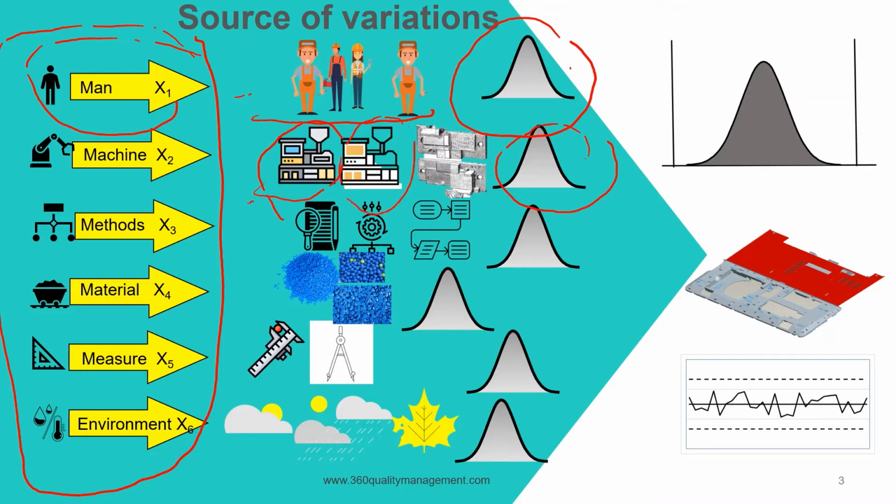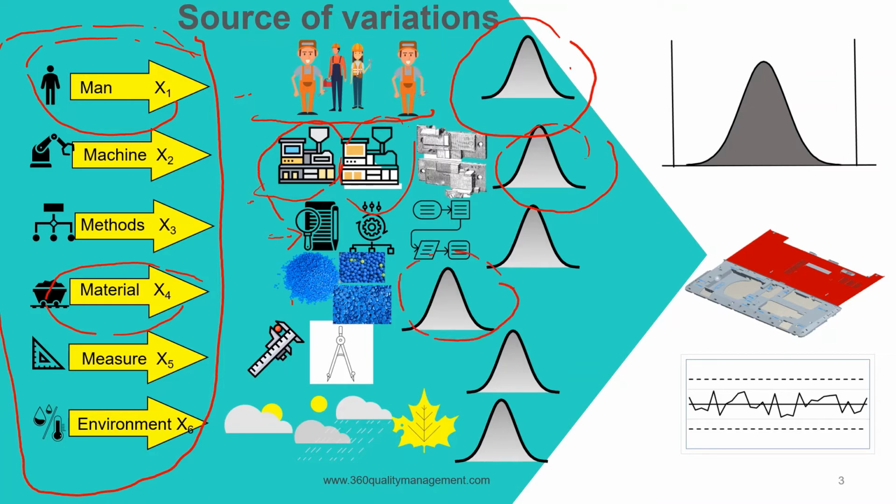Next is the method, where it could have a different SOP at a different time. There could be subtle changes, and the material itself, very obvious, will have lot to lot differences.